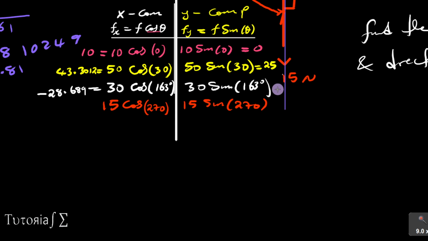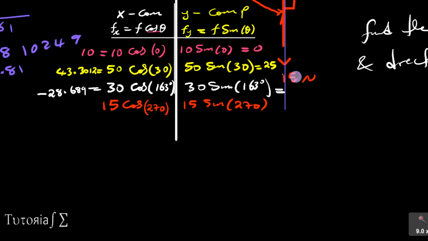We do the same thing here. So this will give us sine 30, sine 163, which is 0.292371.